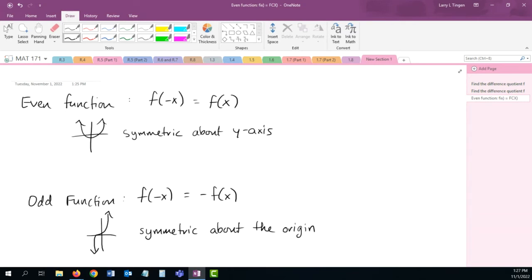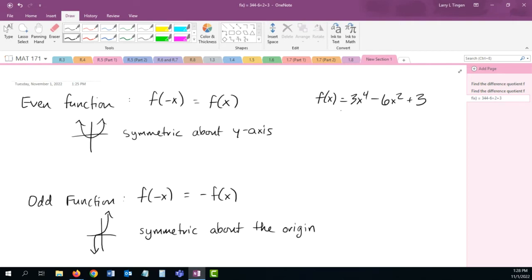Okay. The other thing that we found out was if I gave you f of x is equal to 3x to the fourth minus 6x squared plus 3, if all of my powers of x are even, the function is even. If all of my powers of x are odd, then my function is odd.